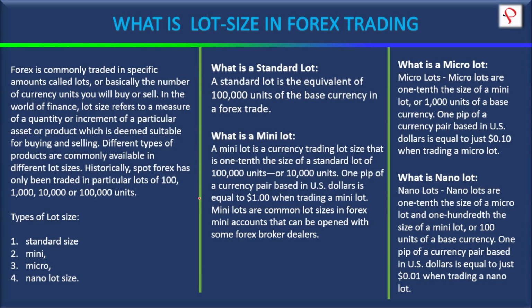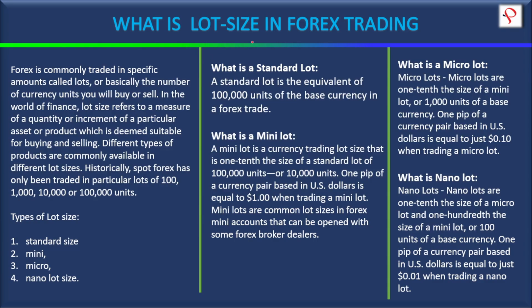Now let's talk about lot size in forex trading. All right, forex is commonly traded in specific amounts, and listen, this lot size is applicable to all tradable assets, whether it is commodity, forex, natural gas, cryptos, or stocks.